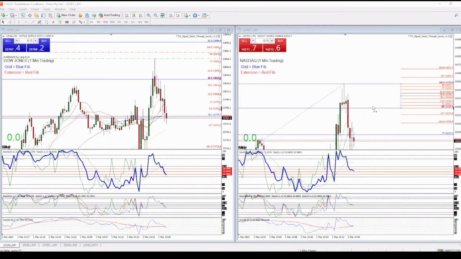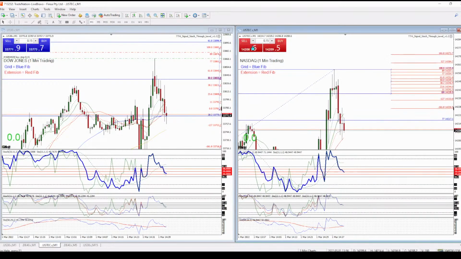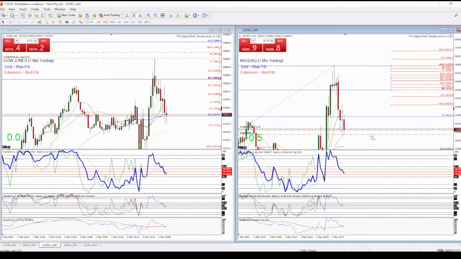What's a possibility of 33 down through 50 on US Tech? Short to the 5 points.